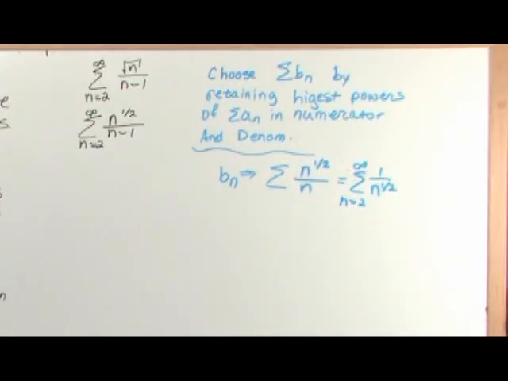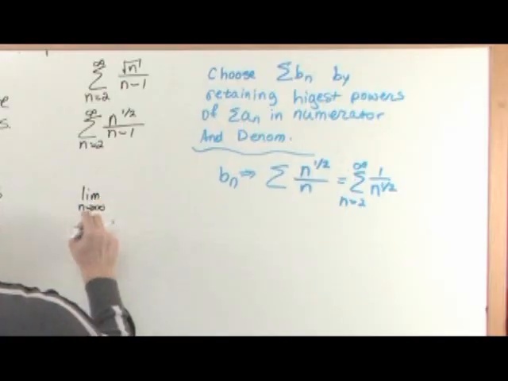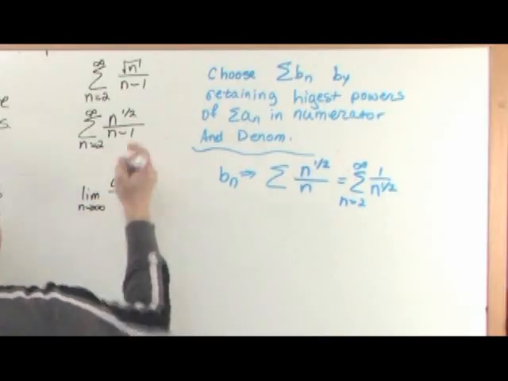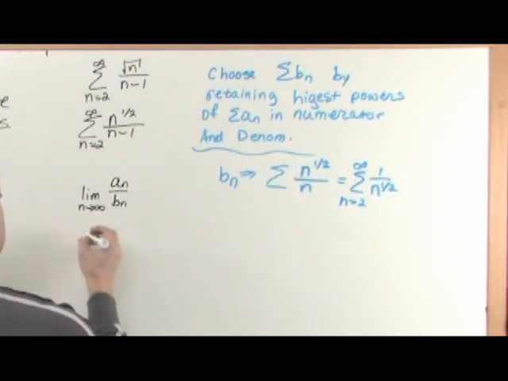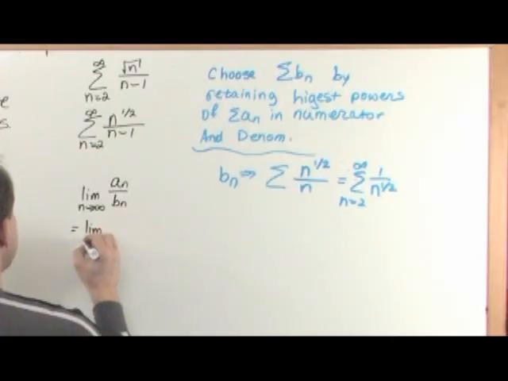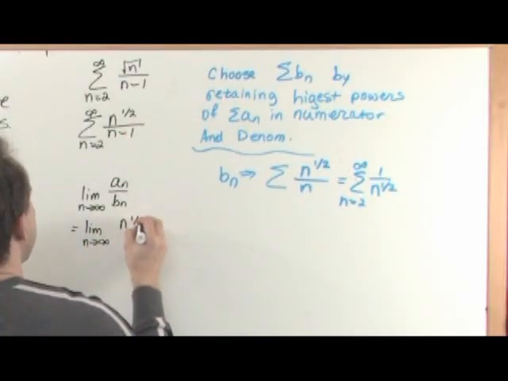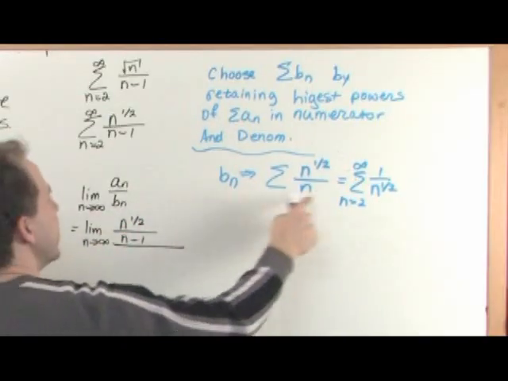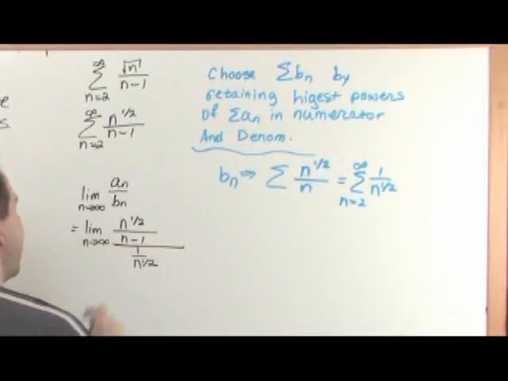And I'm going to do the limit comparison test. So in order to do that, I need to take the limit as n goes to infinity of a sub n, which are the elements of A, over b sub n, which are the elements of B that I'm adding together. So that's going to equal the limit as n goes to infinity of a sub n, which is n to the 1/2 over n minus 1, divided by b sub n, which is 1 over n to the 1/2.